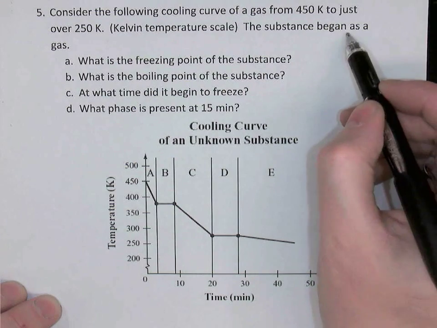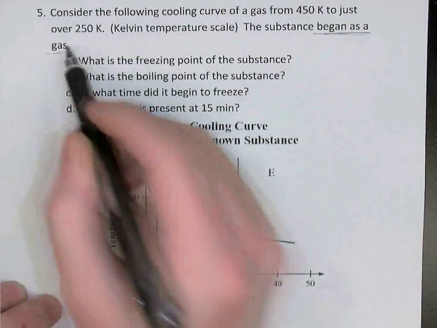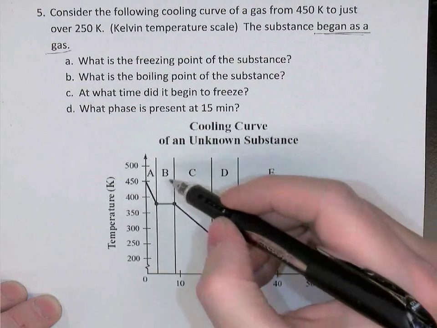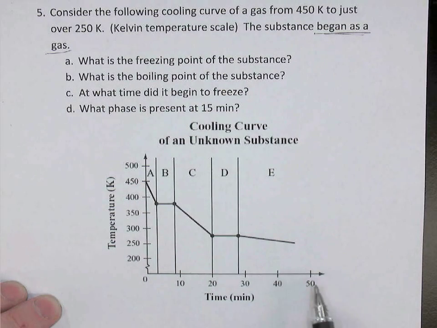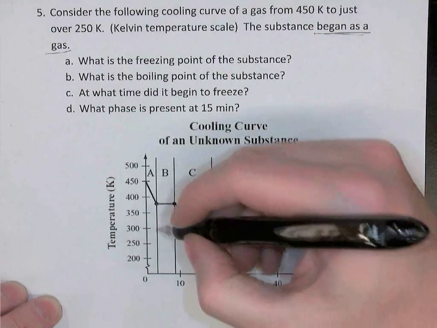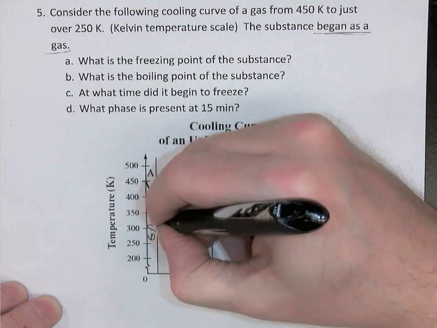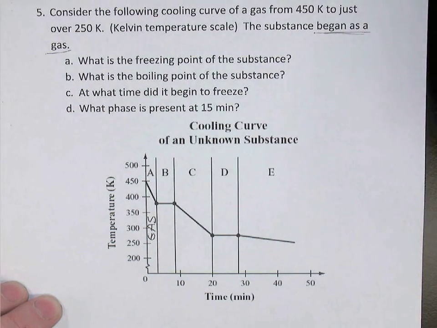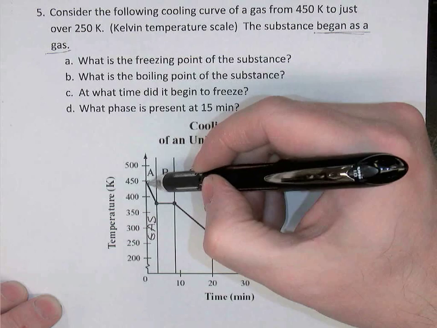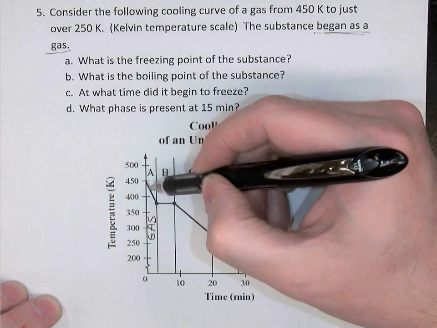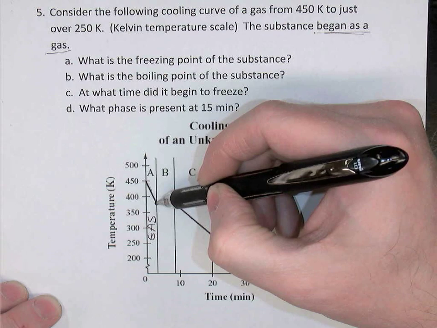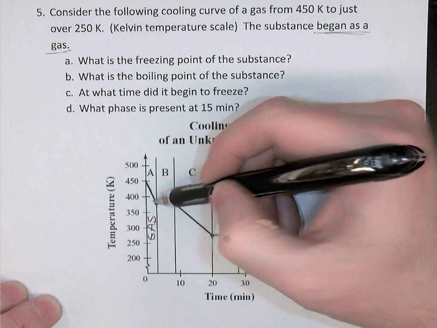So the question here tells us that the substance began as a gas and we cooled it. If we look at the 5 regions of this graph, A, B, C, D, E, we know that it starts off as a gas. So I'm going to write the word gas in that first region. And we're cooling the temperature of the gas down from about 450 Kelvin down to between 350 and 400 Kelvin, somewhere in there.